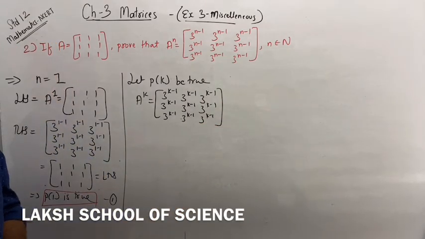So this will be equal to 3 raised to k minus 1 at each and every place. Now let's start what we have to prove.